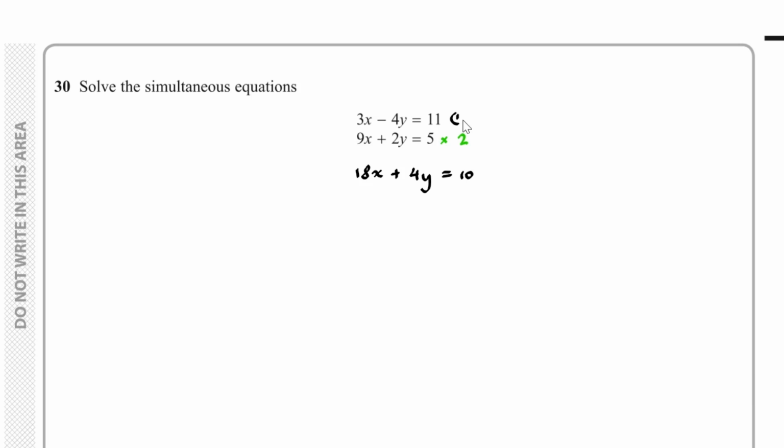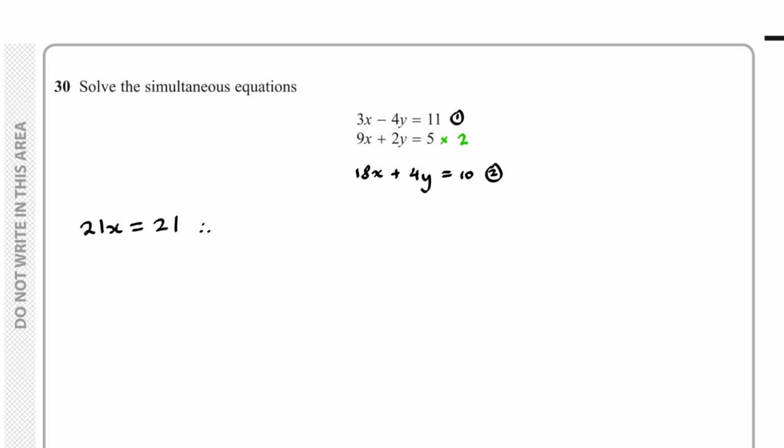And now if I call this equation 1 and this equation 2, we can add these equations together, which will eliminate the y. So if I add these equations together, 3x plus 18x, that's 21x, minus 4y plus 4y, that's 0y, 11 plus 10, that's 21.